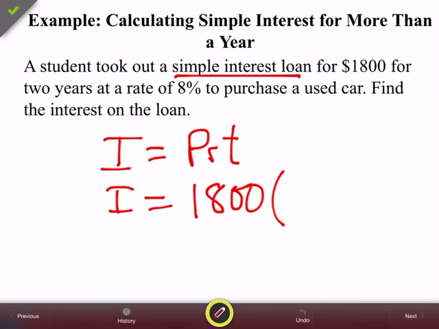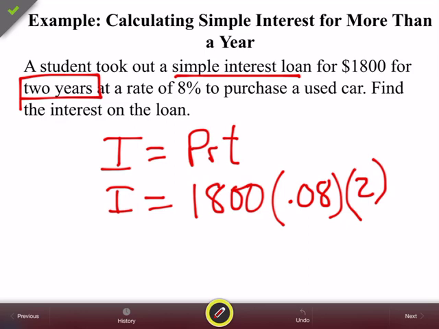We know the rate is 8% or 0.08. And since it doesn't specify, we assume that it is a yearly rate. And we want to know for 2 years. So the time is 2. Plug that into our calculator, and it equals $288.